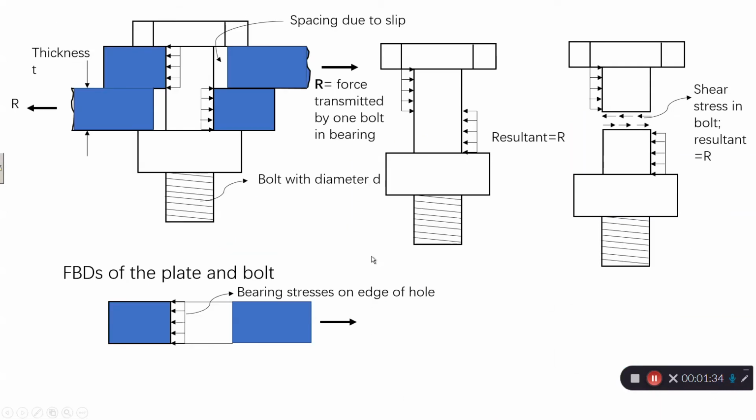This can be illustrated from the free body diagram. Think about a connection like this, and we pull it out like this. We can see there's space in between the bolt and the connecting parts.